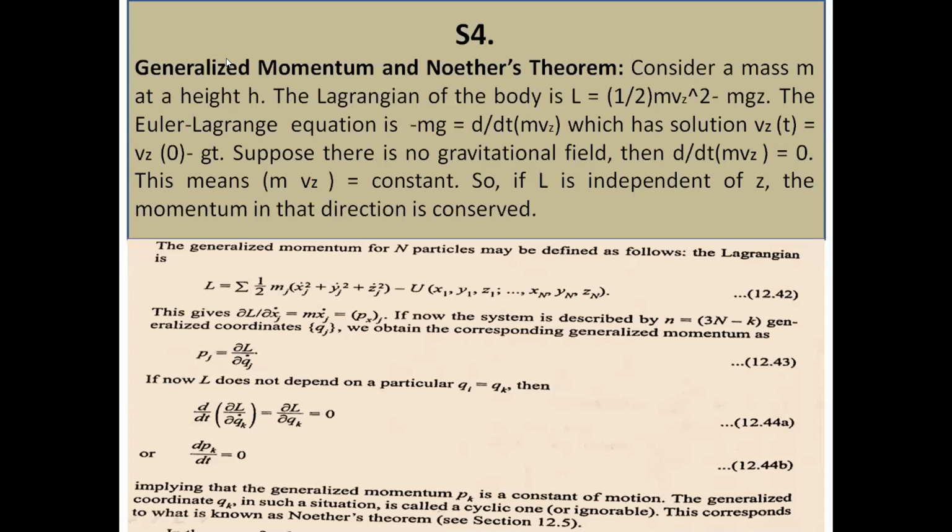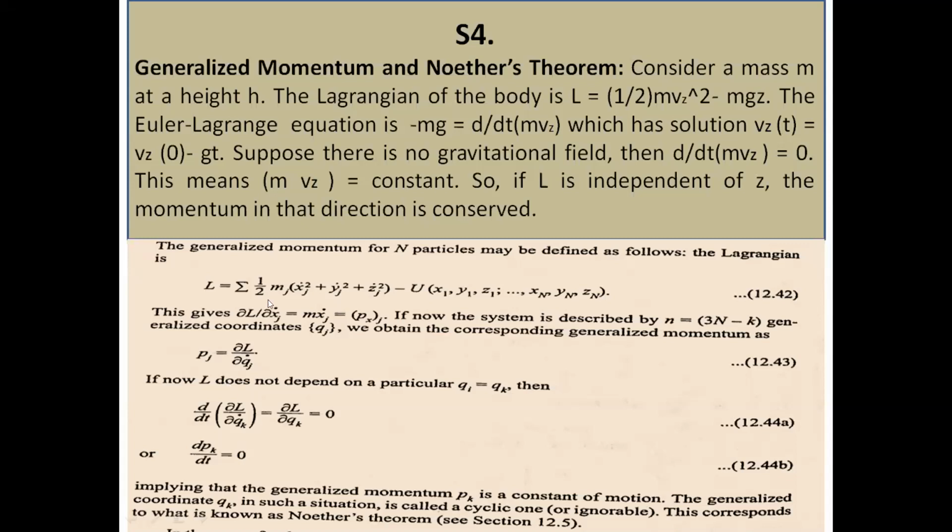The time derivative of the momentum along the z direction is zero, which means momentum along the z direction is constant. That means momentum is conserved, which is what I have written.